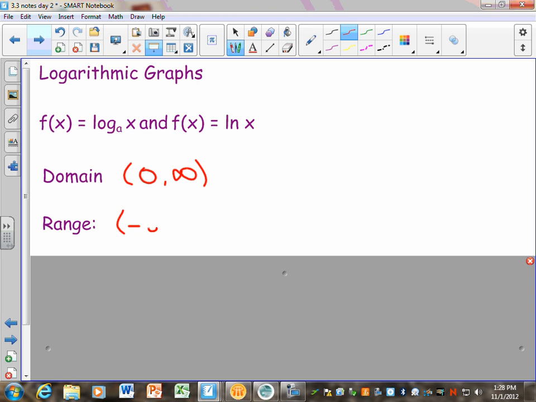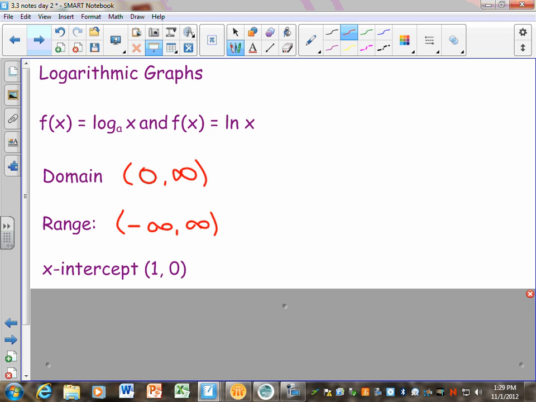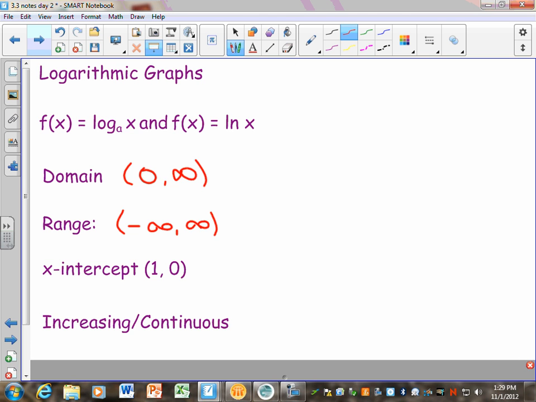And if you go back and look at your notes from 3.1, you'll see that it exactly switched from the notes that we wrote out for exponential graphs. Exponential graphs, the domain is all real numbers, and the range is 0 to infinity. They'll always have an x-intercept of 1, 0. And they'll always be increasing and continuous if there's no transformation.